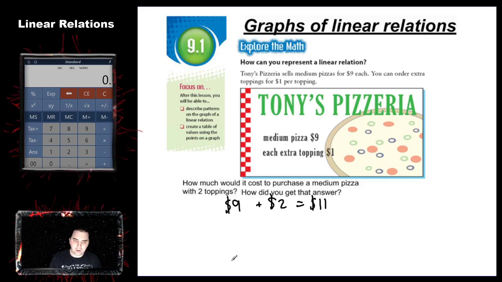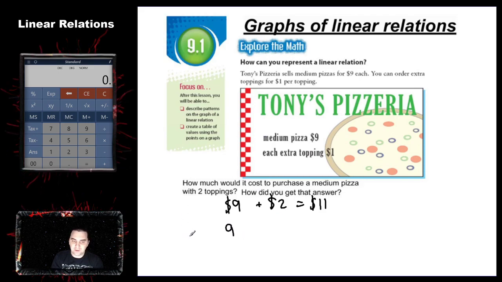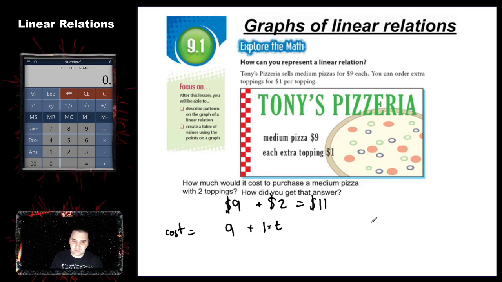Great. All right. We could have also set this up as a linear relationship. So we could say it's $9, the cost of my pizza. I'm going to write cost of pizza. So my cost is $9 plus $1 times my toppings. And that's a linear relationship here.